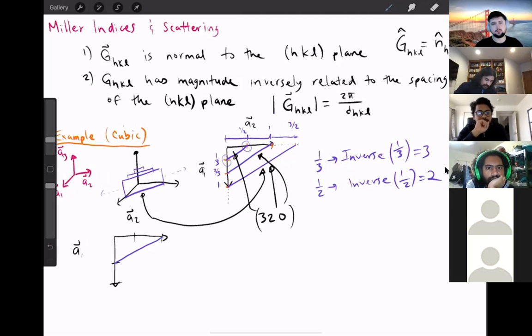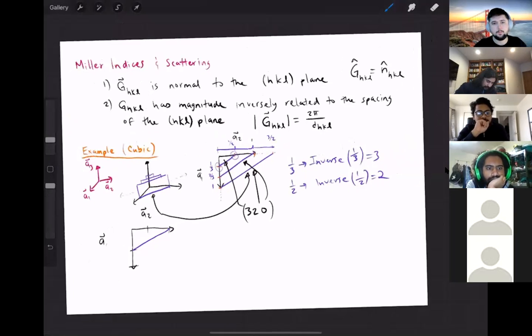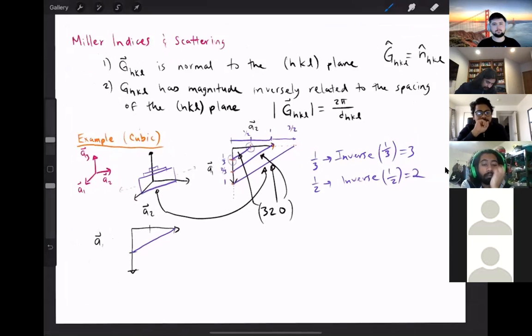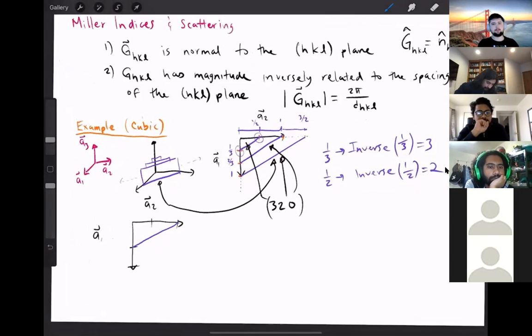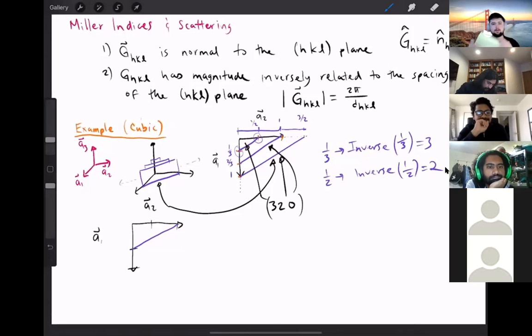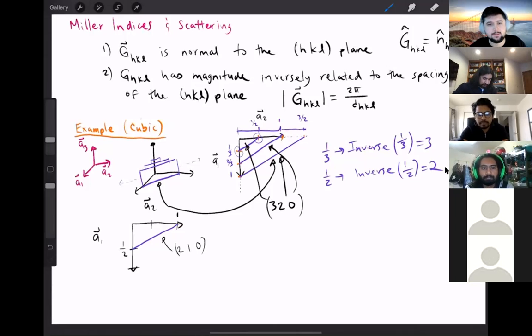So this one is passing through 1/2 and through 1. You take the inverse of 1/2 and that gives you 2. But then what happens to 2/3? The inverse would be 3/2. So if you were to do the 3/2, yes.